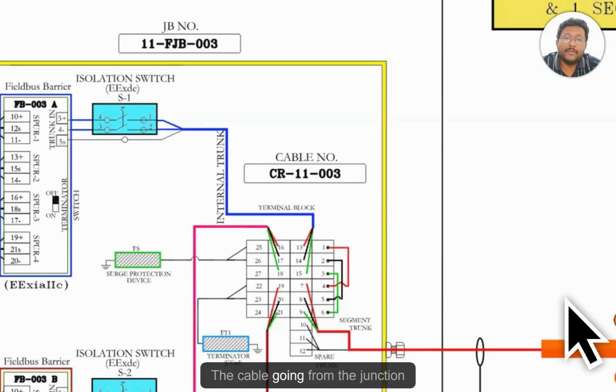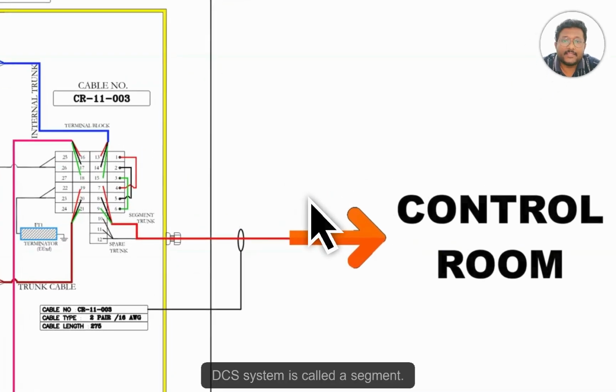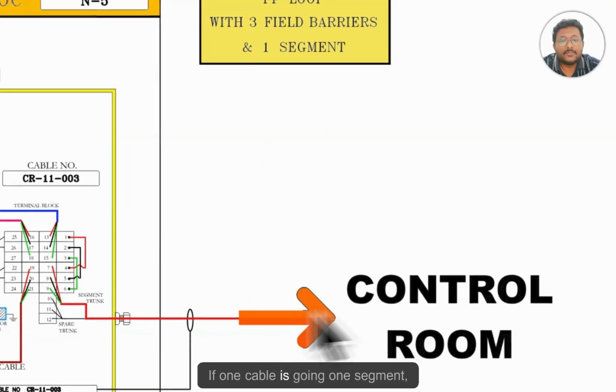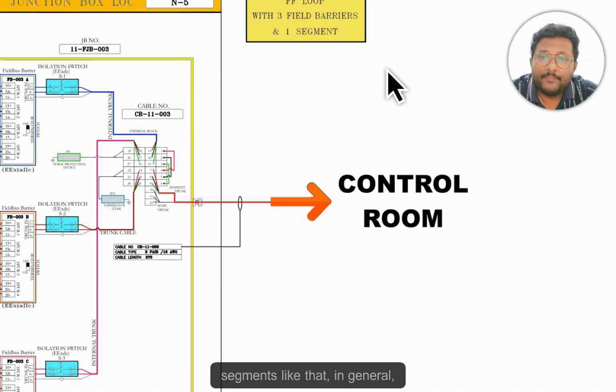The cable going from the junction box to the control room to the DCS system is called a segment. If one cable is going, one segment; if two cables are going, two segments, like that. In general, each junction box has one segment.